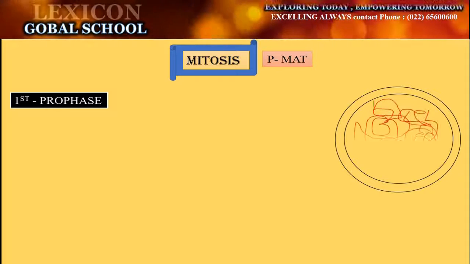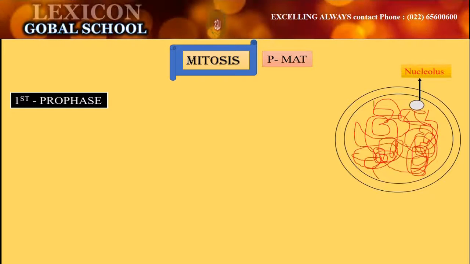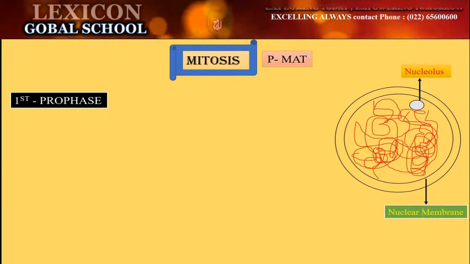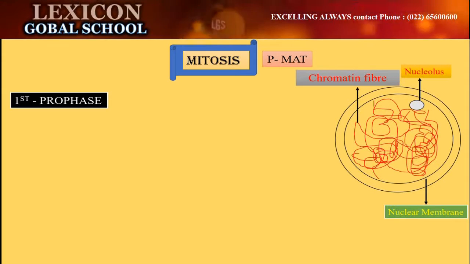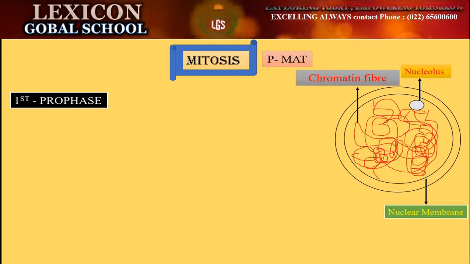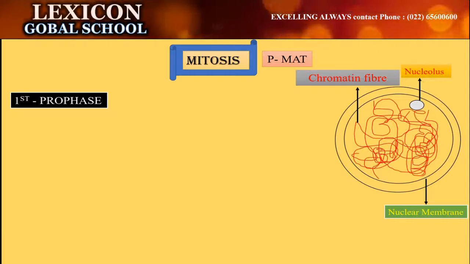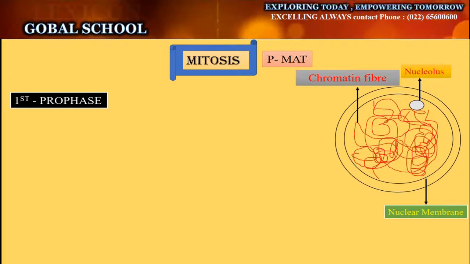Inside the nucleus we have a nucleolus, the nuclear membrane, and the chromatin fiber. The prophase stage starts when I'm injured somewhere and the blood starts coming out of the body.